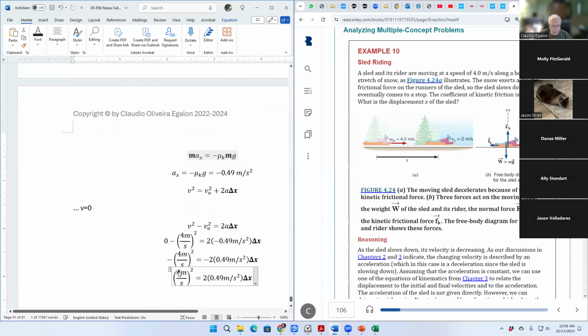Okay. 4 raised to the square is 16 meters squared per second squared. This 0.49 becomes what? Multiplied by 2 becomes 0.98 meters per second squared.